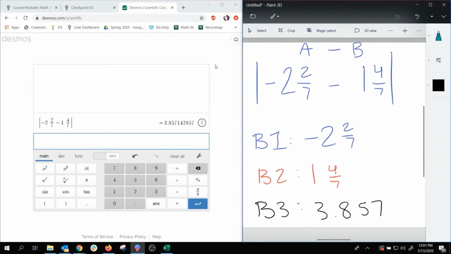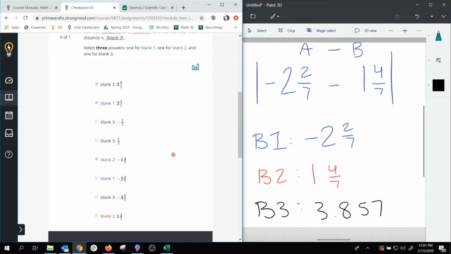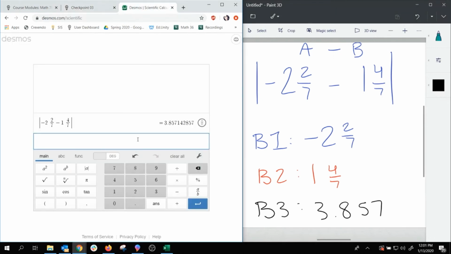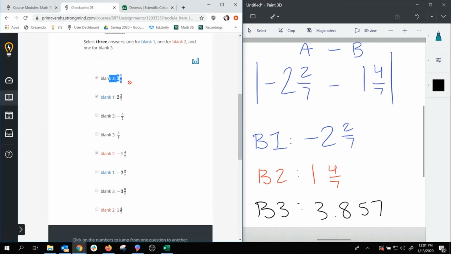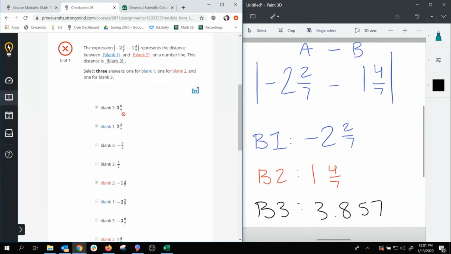3.857. So if I look at my answer choices for 3, I only have 1 6/7? Is that what 6/7 is? It is. So for blank 3, you had it correct, but it didn't give you any partial credit. I don't know why. That's weird.